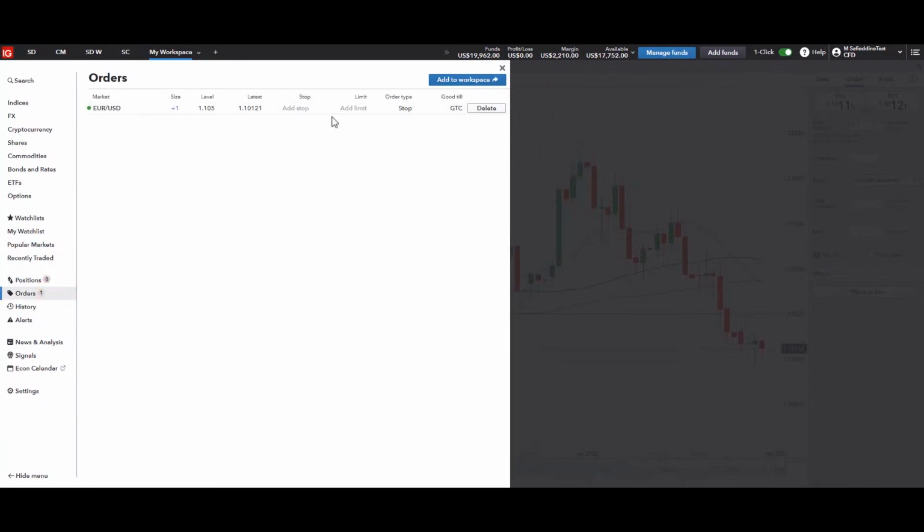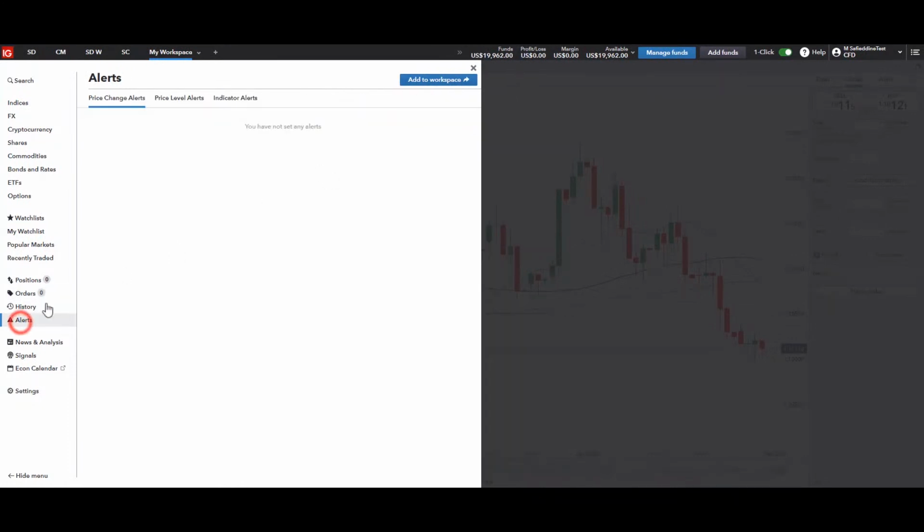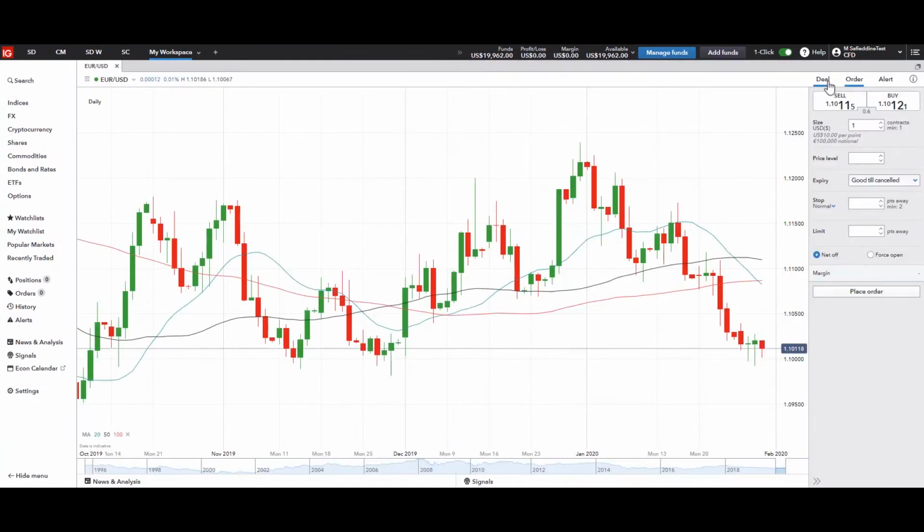If you have any open orders and you don't want them there, it's best to close them. You don't want to wake up the next day and something's happened and your order is stuck. It's not a pretty sight, especially if the market's going against you. And also check your alerts, clear out your alerts. So that's deal, that's order, that's alert.